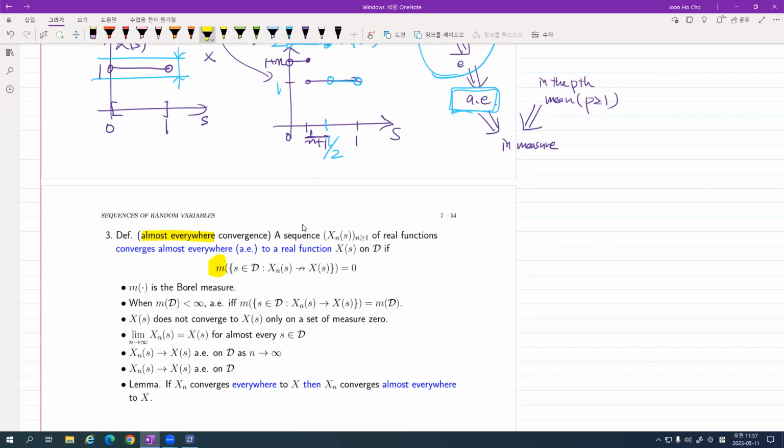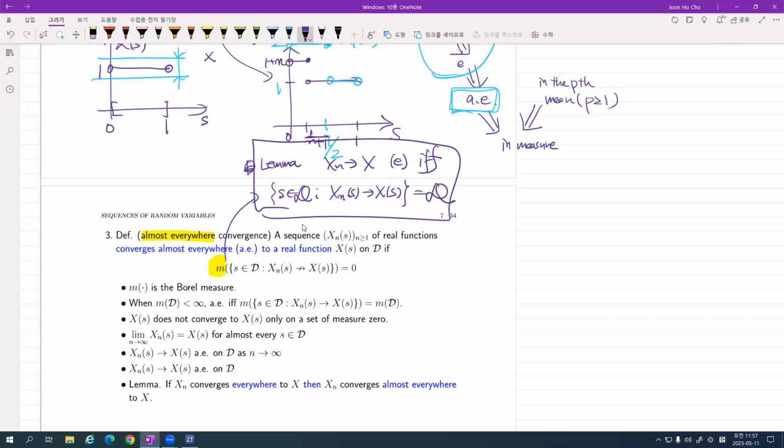And what we do is this. As we've checked for the everywhere convergence, we construct a set: the set of s such that x of n of s converges to x of s. Xn converges to X everywhere if and only if this set equals D, right? We know this one. Too simple, right?